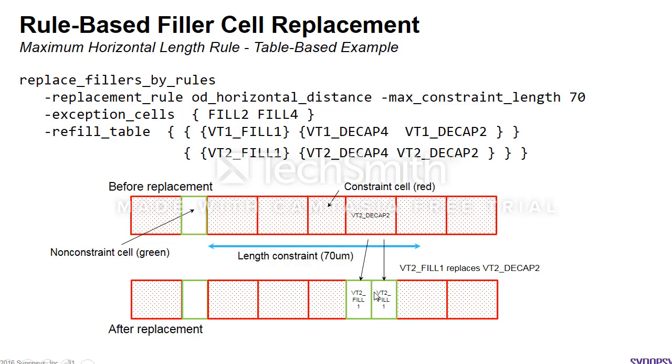This is after, so the continued length will not be larger than the value you specify, to fix all the horizontal distance violations.